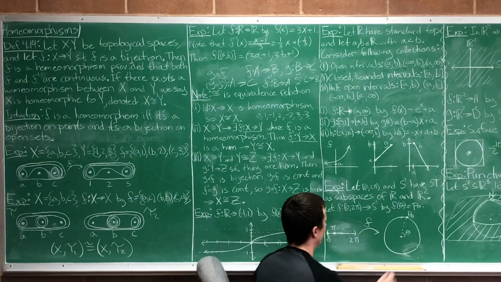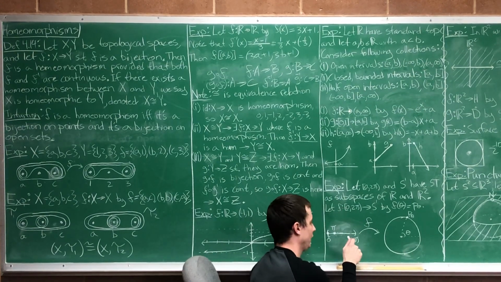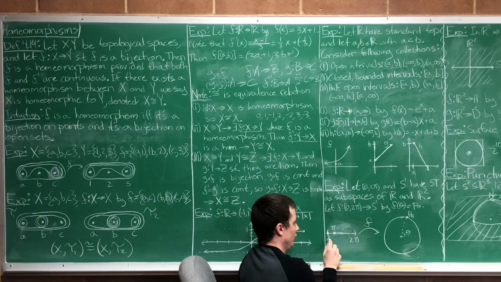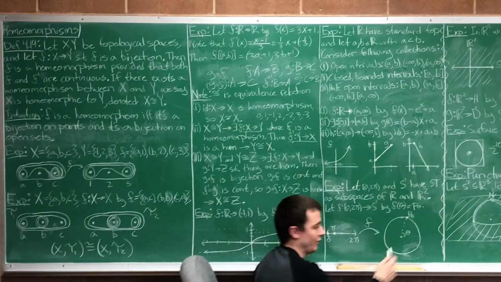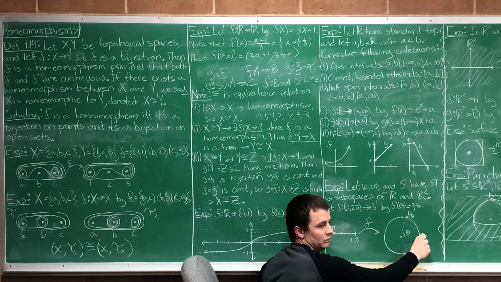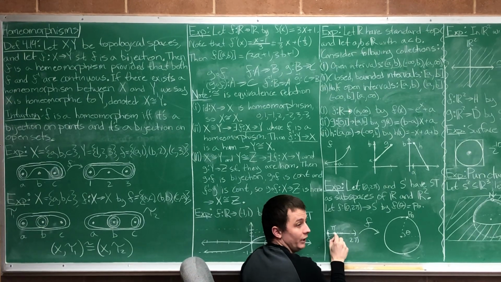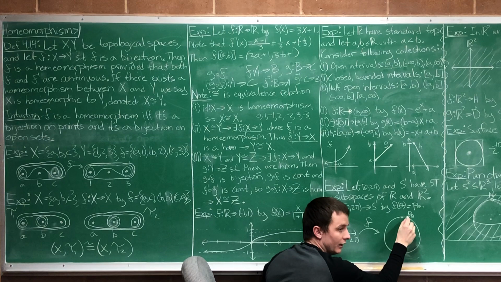So now, here's what our function does. We'll read it up there, but first let me go to the picture, and then I think you'll make sense of what I'm saying. So this is from 0 to 2 pi. Notice that that's how many radians are in a circle, right? So what are we doing? We're saying pick the angle here, and we're going to map this point to whatever point is at that angle here.